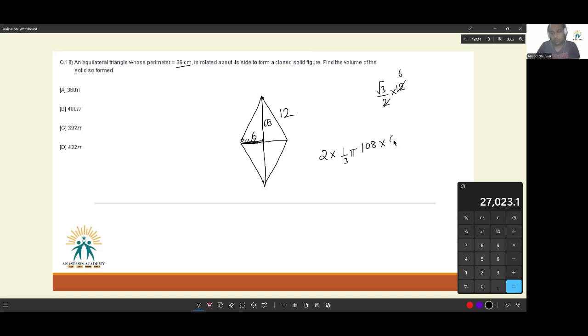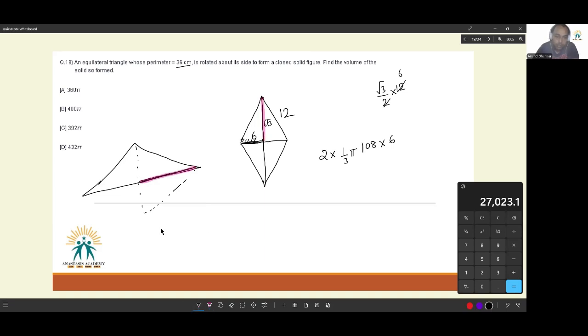Into 6. Pay attention to what is happening. See the sort of figure that is getting created. This is the equilateral triangle, but the solid that is getting created is this portion and this portion.